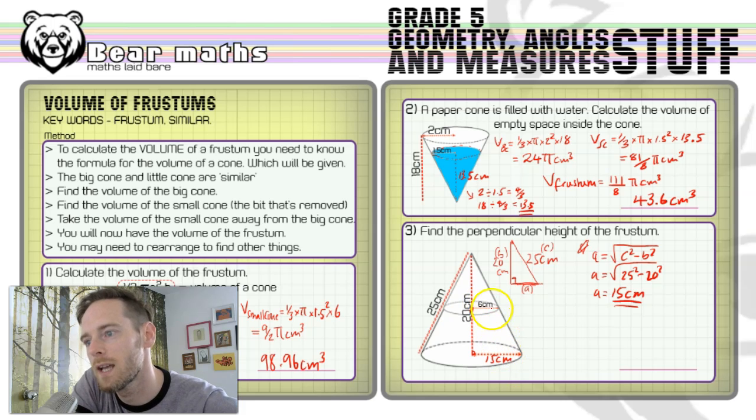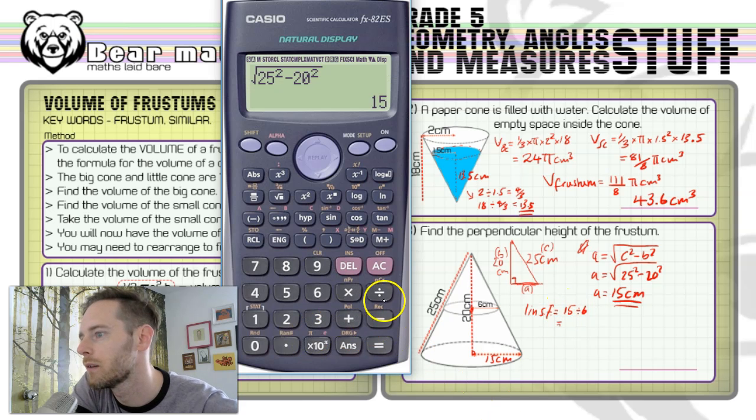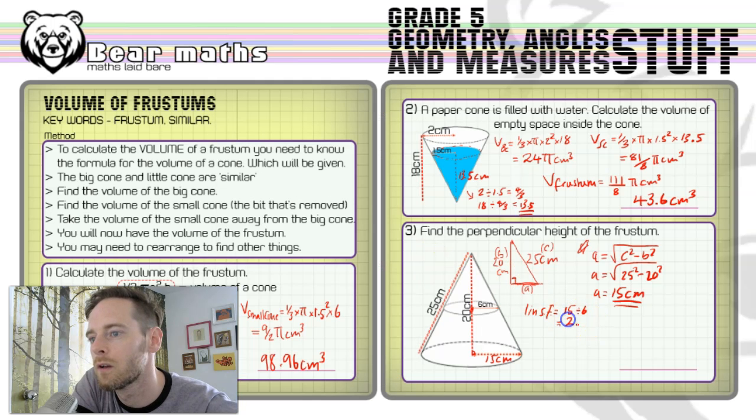Now what we can do here is work out what the linear scale factor is, or the length scale factor. Linear scale factor equals 15 divided by 6. So 15 divided by 6 is 5 over 2, 2.5. So this length here is 2.5 times bigger than this length here, which means that this length here is going to be 2.5 times bigger than this length here.